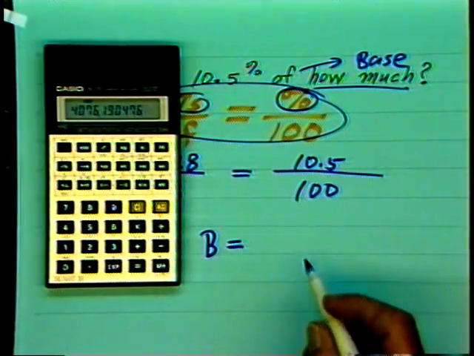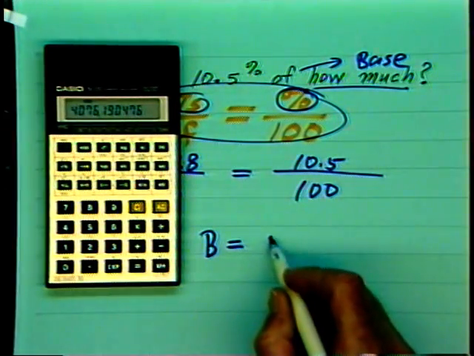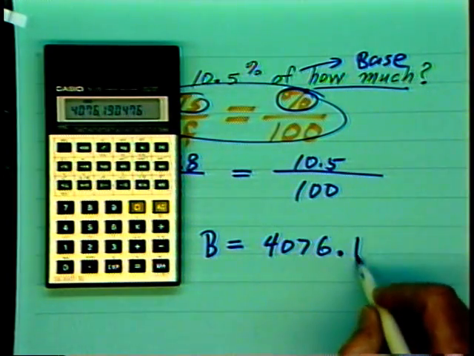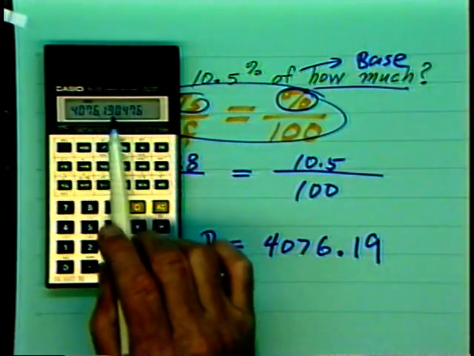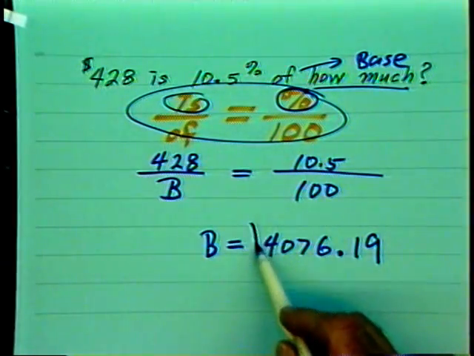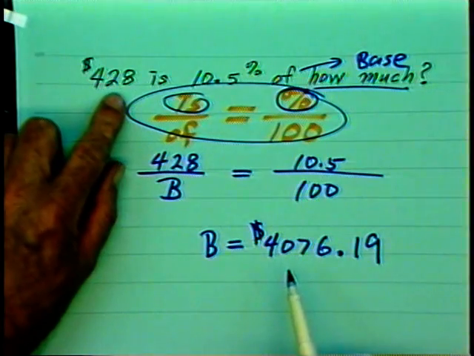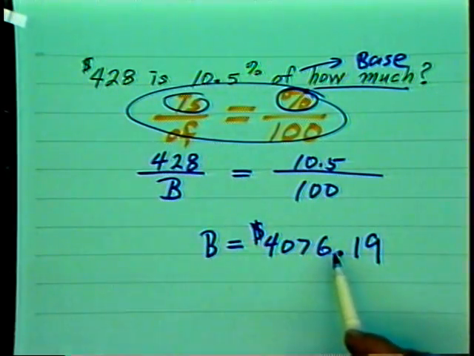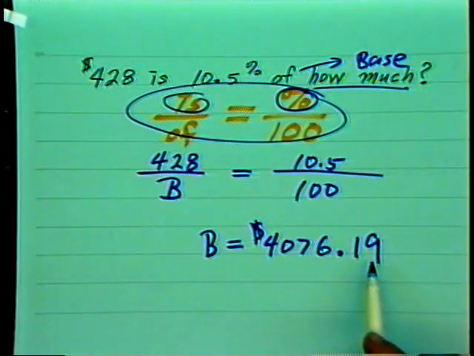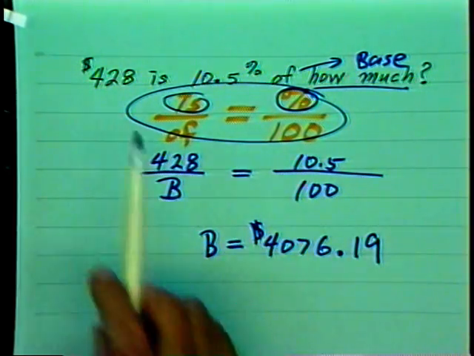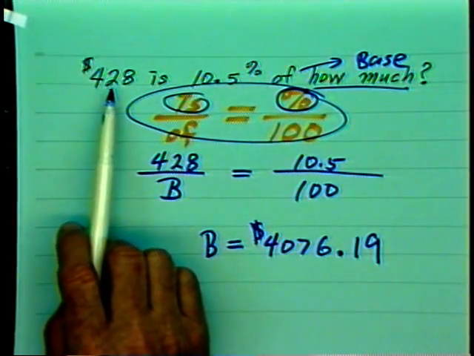And let's say to the nearest hundredth, so we see it's 4076.19 to the nearest hundredth. So $428 is 10.5% of $4,076.19.